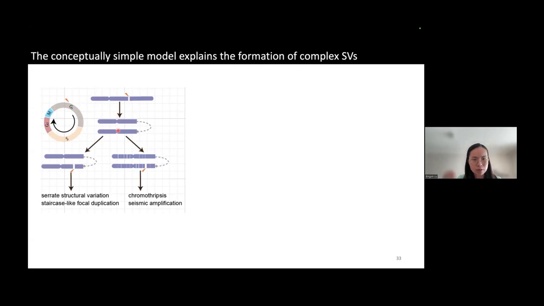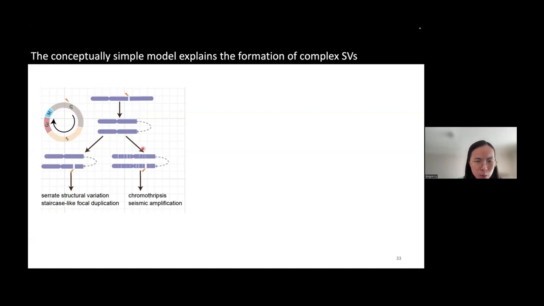Because they have two centromeres, they will be broken during cell division. And when they break, there can be either a very simple break, just like this. And in this case, it may cause some staircase focal duplications or serrated structural variation.